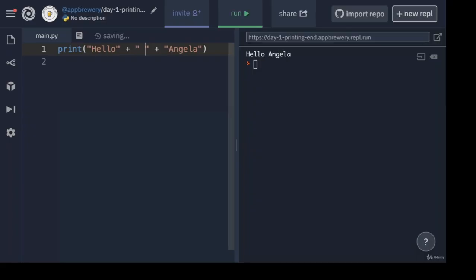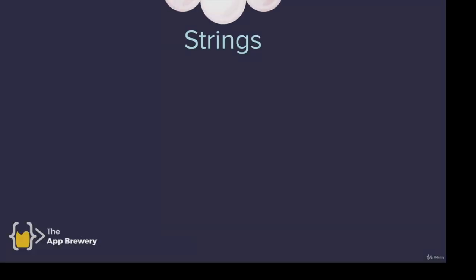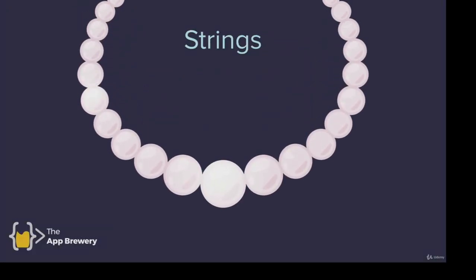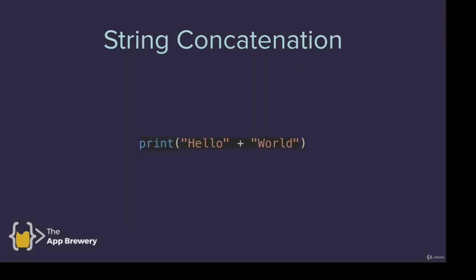So now when I run my code, you can see the space gets inserted, and this long thing gets combined into a single string that looks like this once this bit of the code gets executed. If we think of strings as a string of connected characters, then string concatenation is simply taking those separate strings of characters and merging them into one.